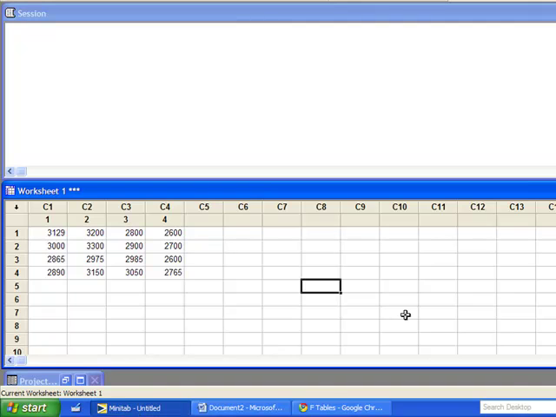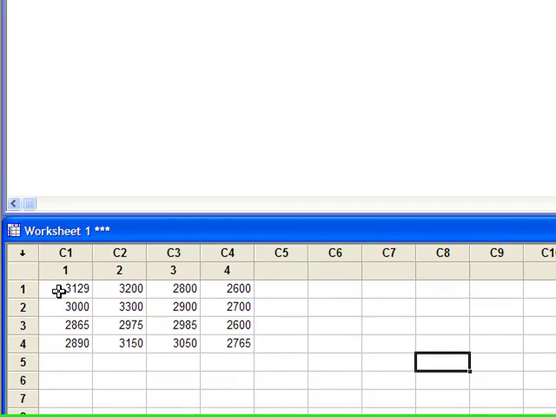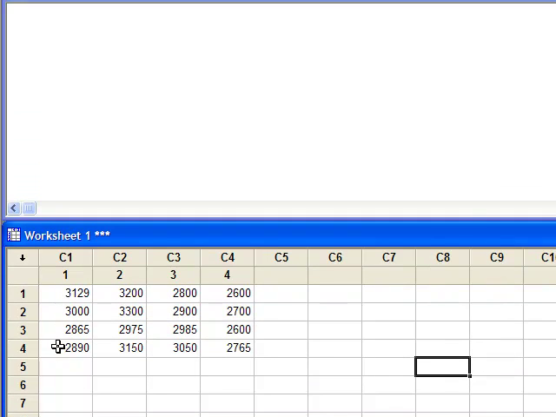So here I have opened Minitab, and you can see that I have already entered all the values for mixing technique 1. We have four experiments and the tensile strength recorded during each experiment.